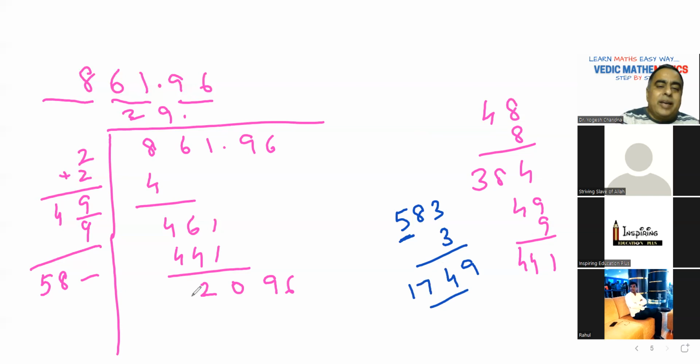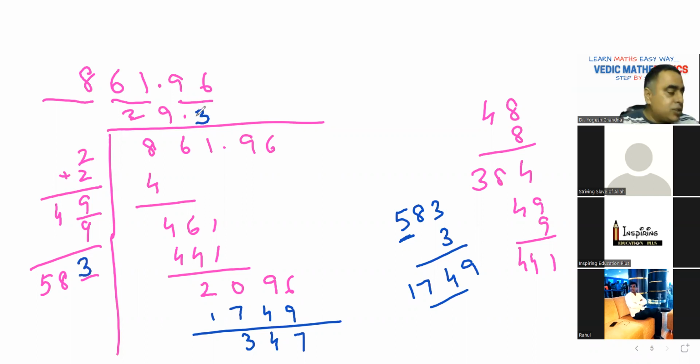So 1, 7, 4, 9. How much did we get? 320. 4, 4, 7. And here it is 3. So the answer is 29.3. But generally we find up till 2 decimals. Up till here, any doubt?